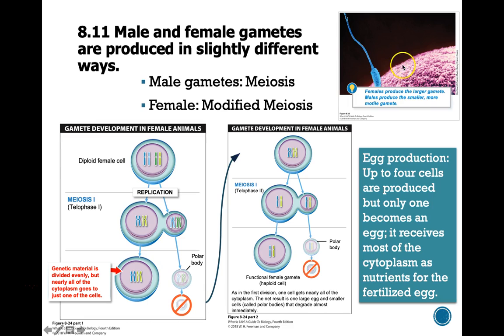So if we look at this picture up here, the egg is much larger than the sperm there. And that's because the genetic contents of that sperm are going to fuse into the egg, and then it's the egg that's going to begin division for the growing organism.